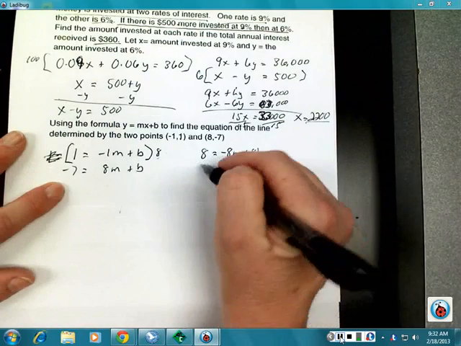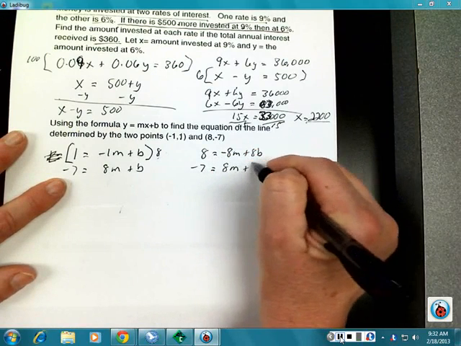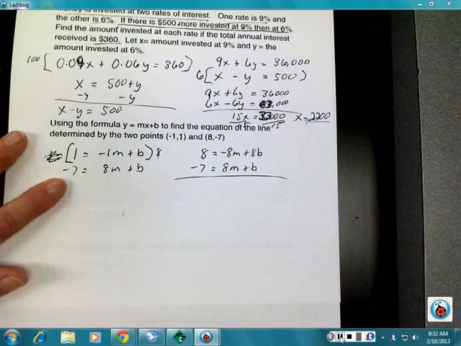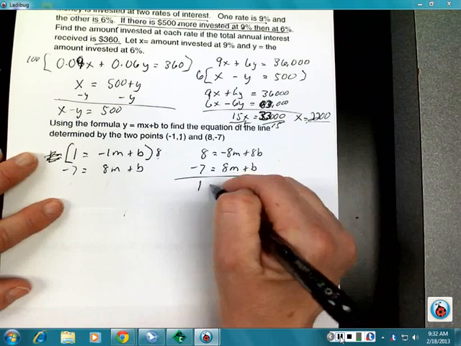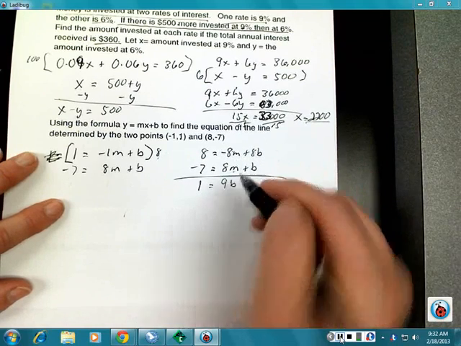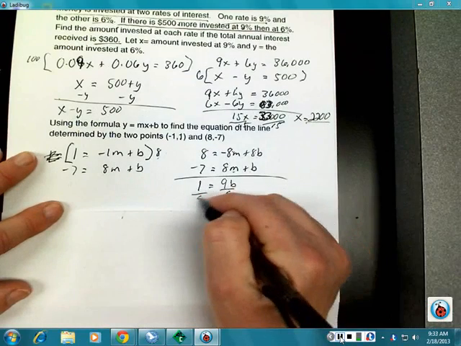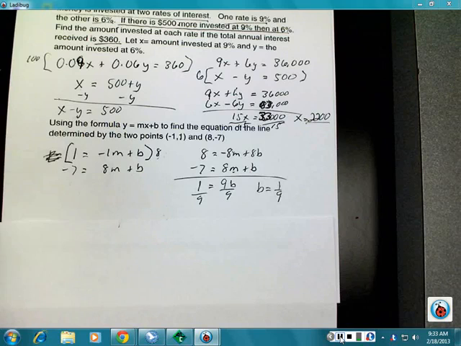And the bottom is going to remain -7 equals 8m plus b. And so 8 minus 7 is 1. The m's are gone, but I end up with 9b. Divide by 9. And I find b is equal to 1/9.